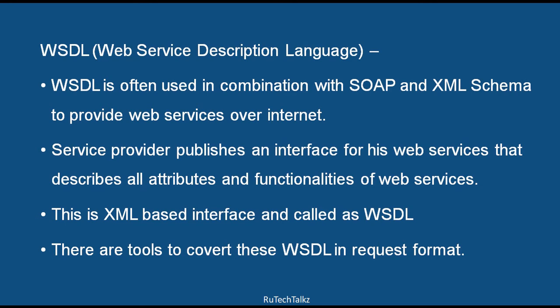This is an XML-based interface and is called WSDL. We use this WSDL in SOAP requests. To convert this WSDL into the request format, there are tools available on the web.